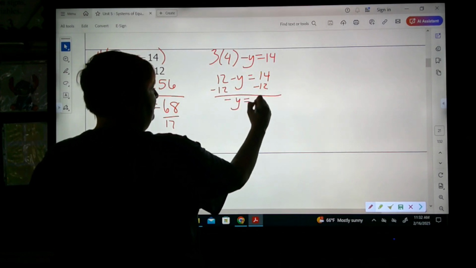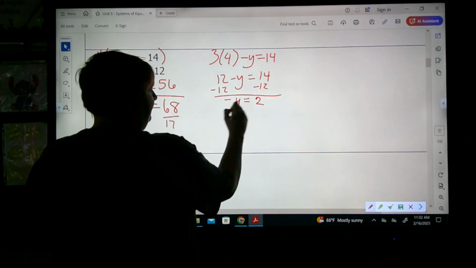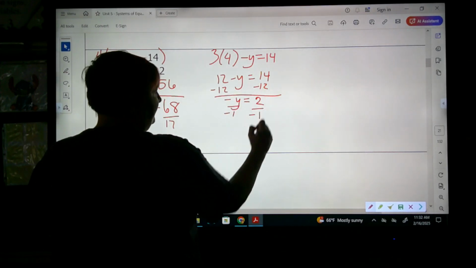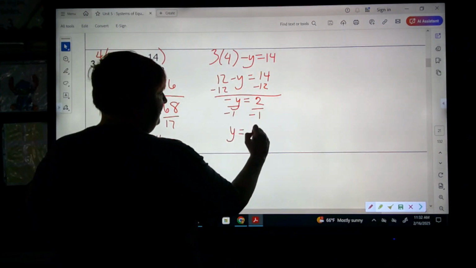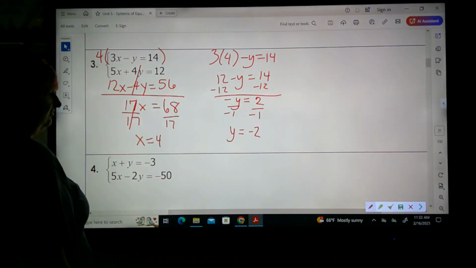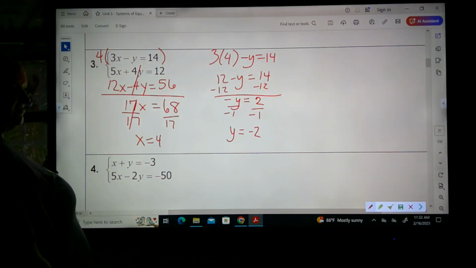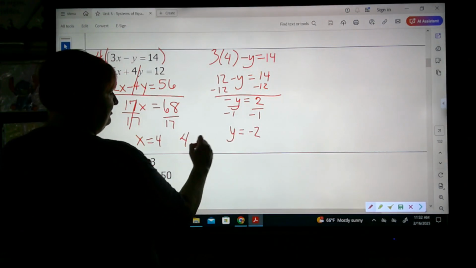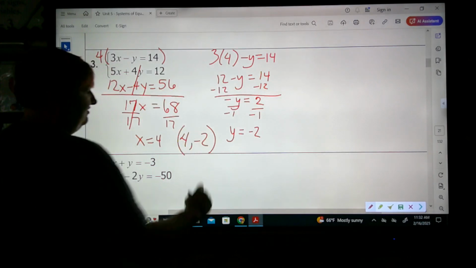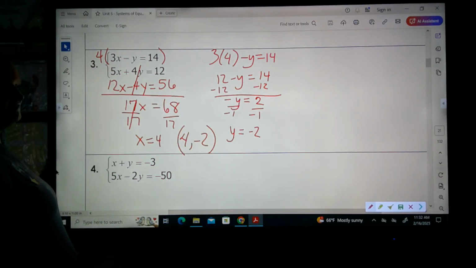Negative y equals 2. Divide by negative 1 to get rid of the negative sign. Right? Y equals negative 2. So, our solution to this system of equations, my x value is 4, my y value is negative 2. That's where the lines are going to cross.